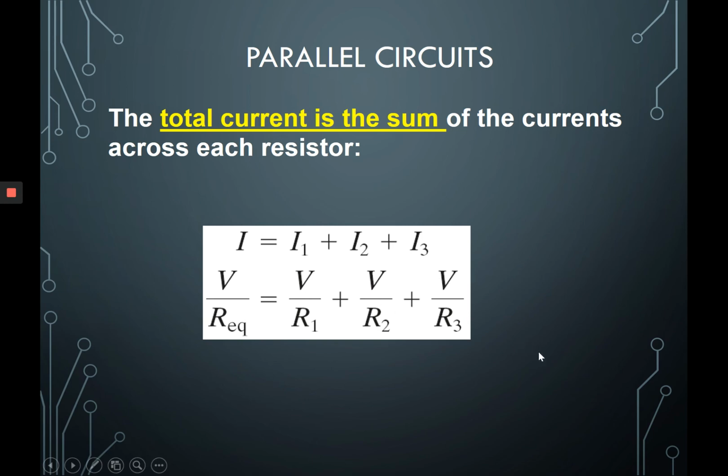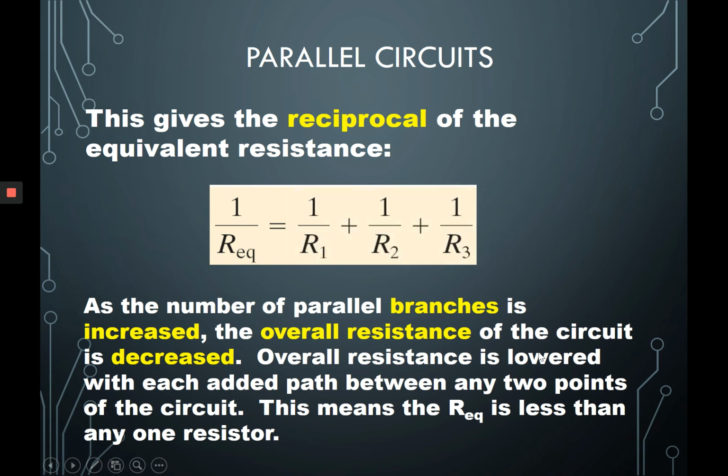I can cancel them out. And so in a parallel circuit, we add the resistance inversely, which is the reason why the more obstacles you put in a parallel circuit, the less resistance it has overall.